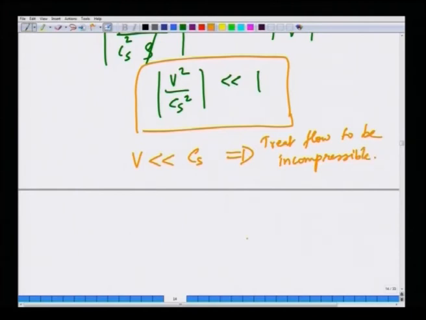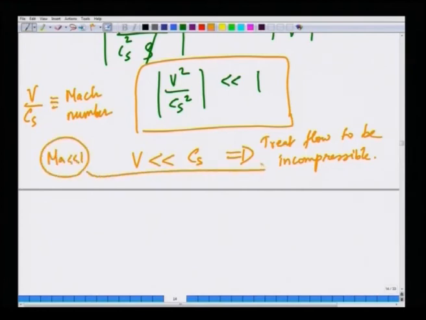Okay. So, this v divided by Cs, the velocity of the flow divided by the speed of sound, is given a special name, it is called the Mach number. So, when the Mach number is very small compared to 1, then the flow is incompressible. That is a very good approximation. Now we know when you can treat the flow to be incompressible, but in practice we cannot say what very small compared to 1 means. Should the Mach number be 10 to the minus 8 or 10 to the minus 3 or 10 to the minus 1?